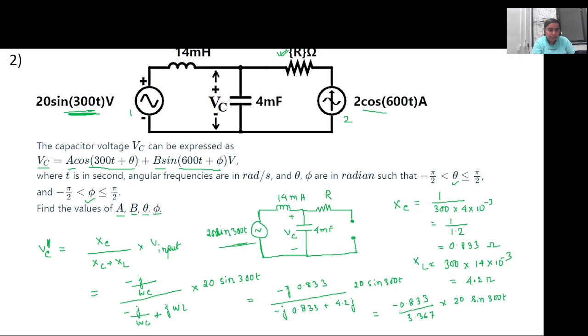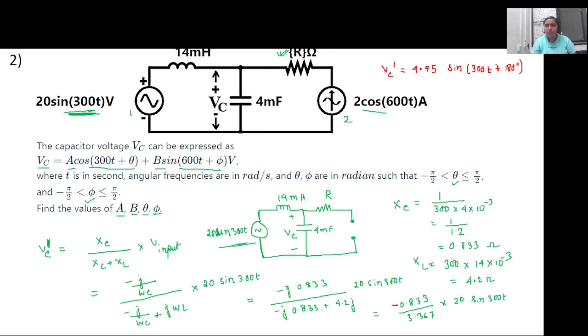So what is the value of Vc dash coming up? 4.95, angle of 4.95, right? Sine of 180, because there is a negative sign here, right?